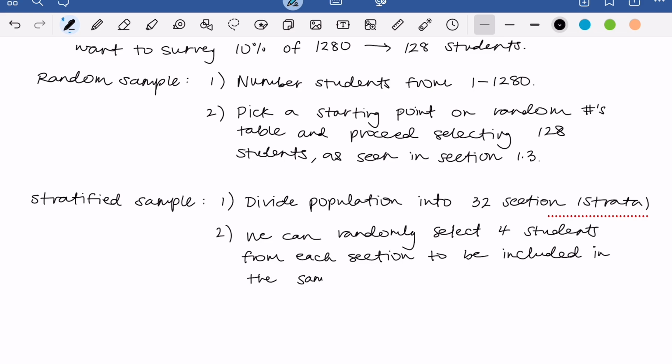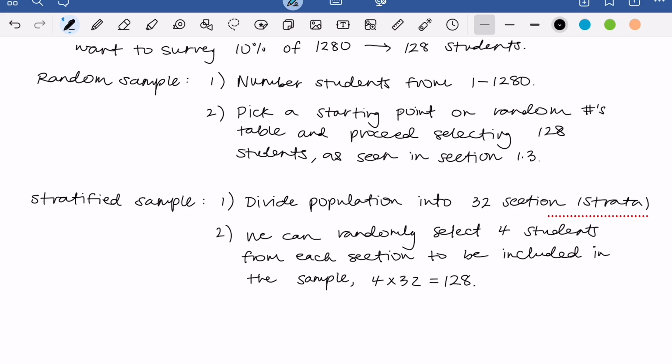And again, the reason we're selecting 4 is that 4 times 32 is going to give us the total 128 individuals in this sample that we are looking for. All right, so that's how we would obtain a stratified sample.